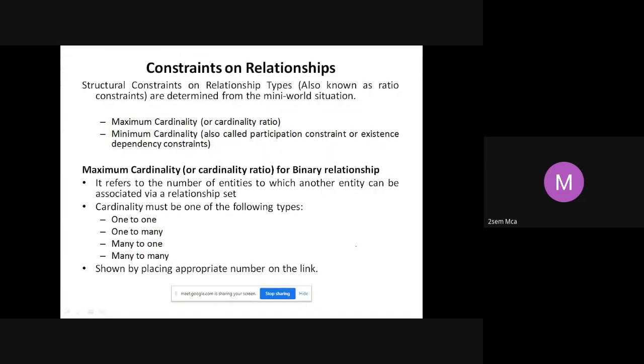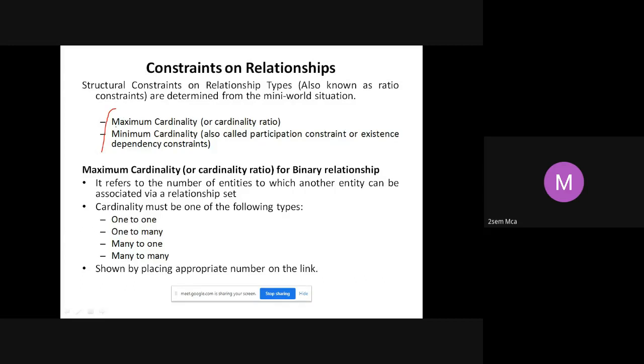Right. Next, we come to the constraints on the relationships. Constraints mean the possible limitations or possible restrictions. When you talk of relationship constraints, there are two important types of constraints on the relationship.